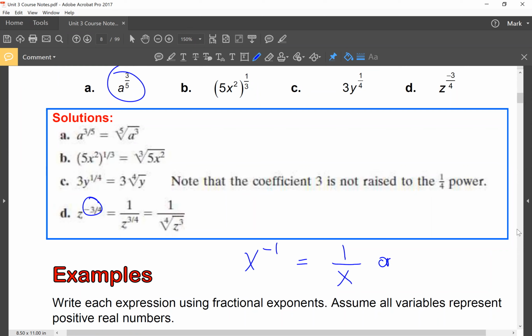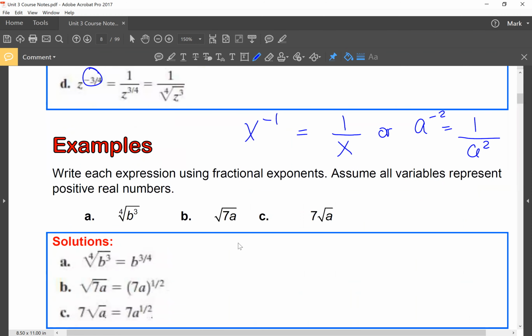So if I had something like a to the -2, that would be 1 over a to the +2. We did this all the way back in topic 4, which was like a month ago. If it's a negative exponent, we write it as the inverse. So let me show you some examples of this.